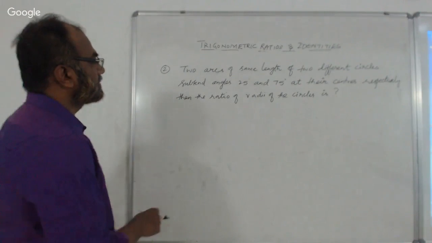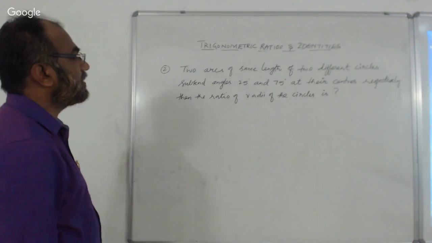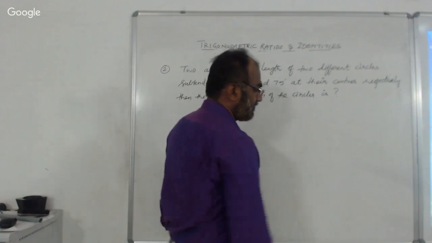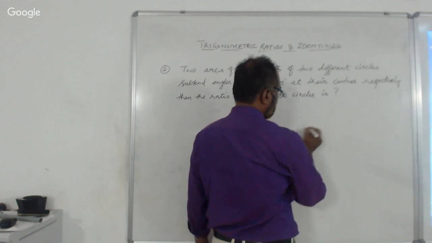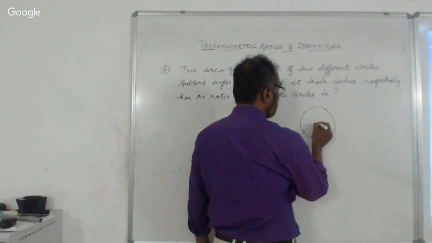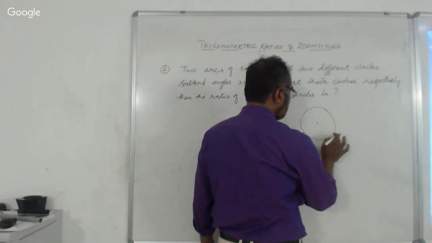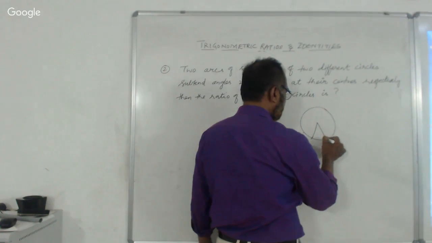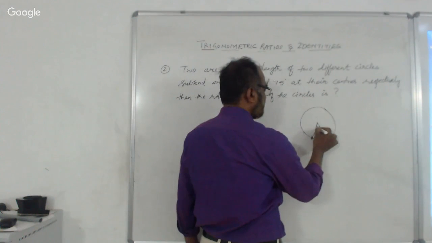Now you have two arcs which are of the same length, of two different circles. In one circle, I have an arc which makes an angle of 25 degrees at the center.